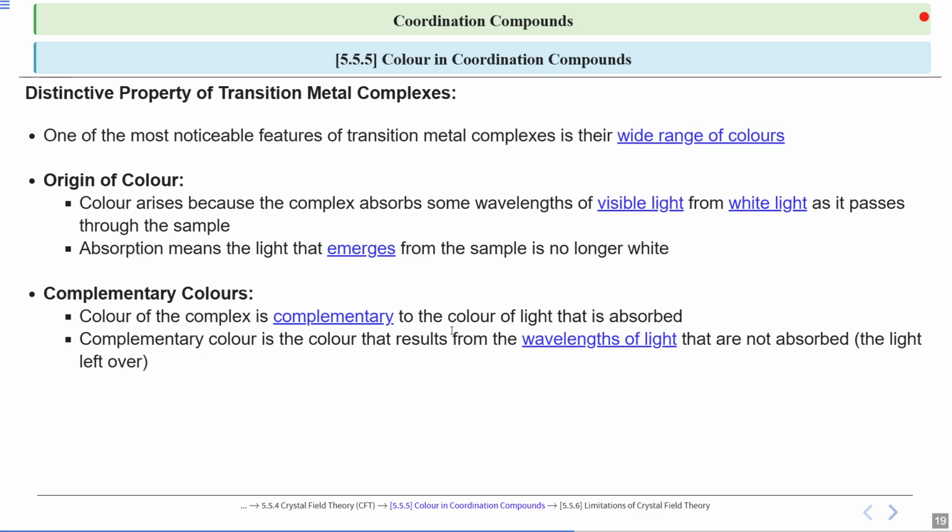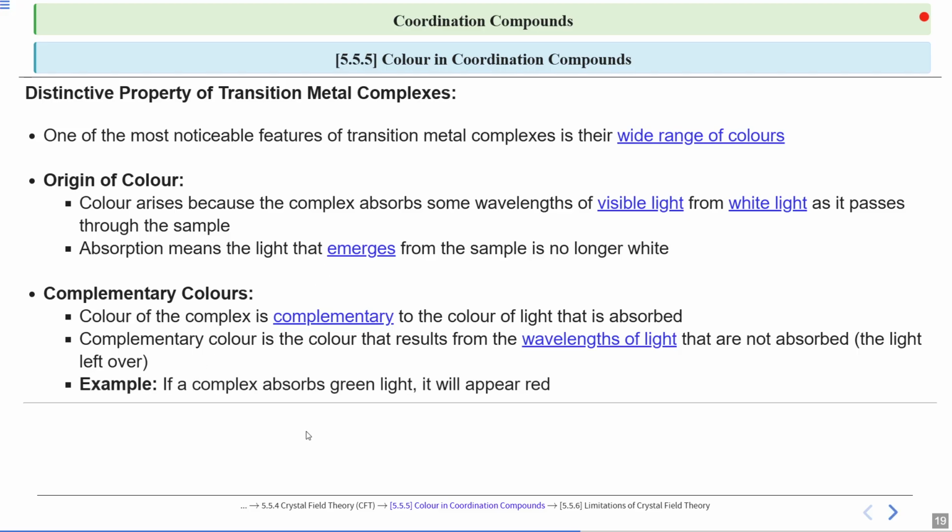Complementary color is the color that results from the wavelengths of light that are not absorbed, the light that is left over. That wavelength of light decides the complementary color. For example, if you have a complex which absorbs green light, it is going to appear red in color.